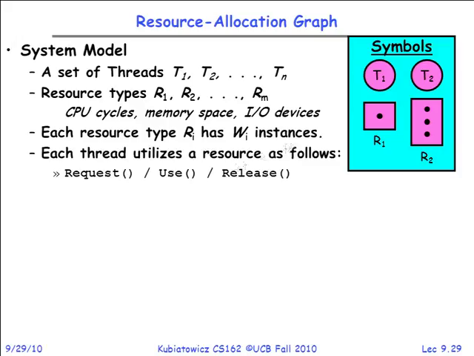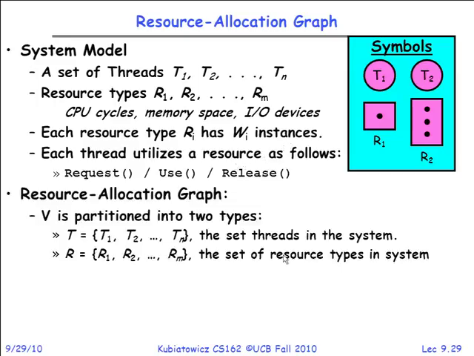And so what does a graph look like? Well, we know that the graph itself is partitioned into two types of nodes. T is the set of threads in the system. R is the set of resources. A request edge is an edge between a thread and a resource, which means that thread I in this case is requesting resource J. And there's an assignment edge which says that resource J is owned by thread I in this case.